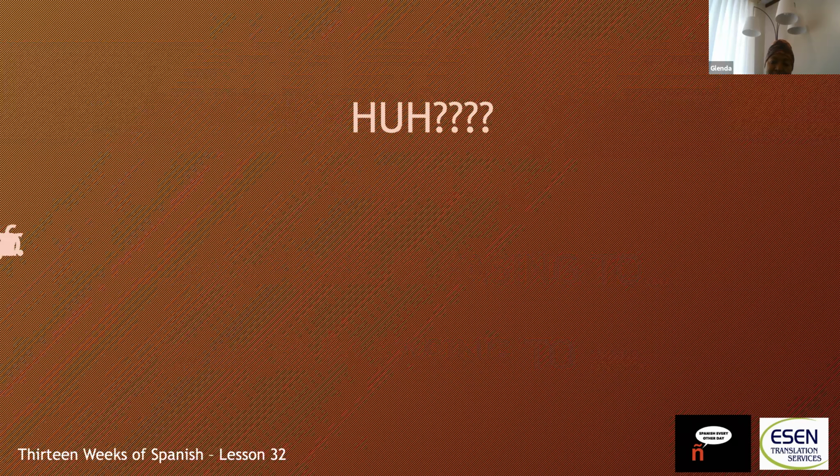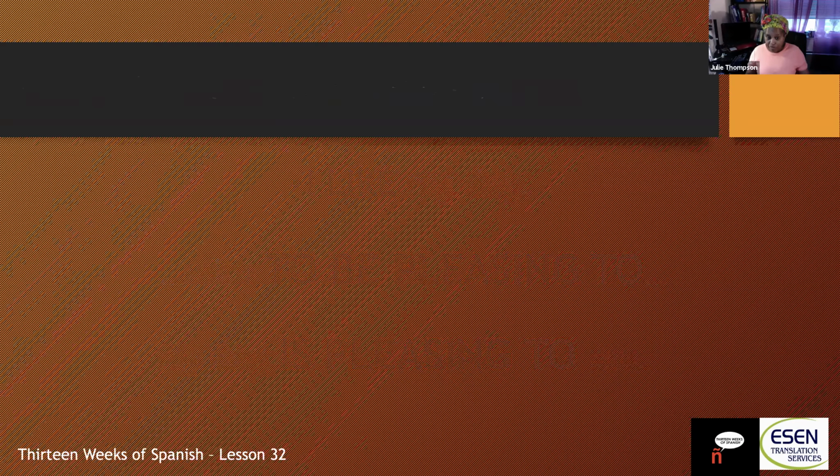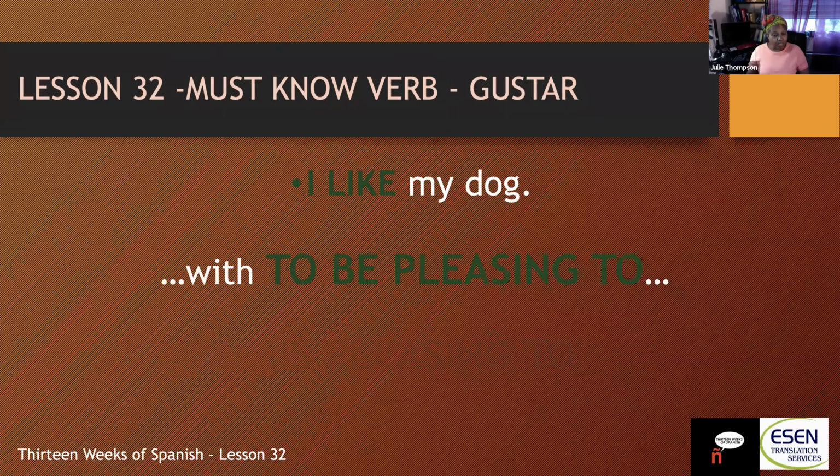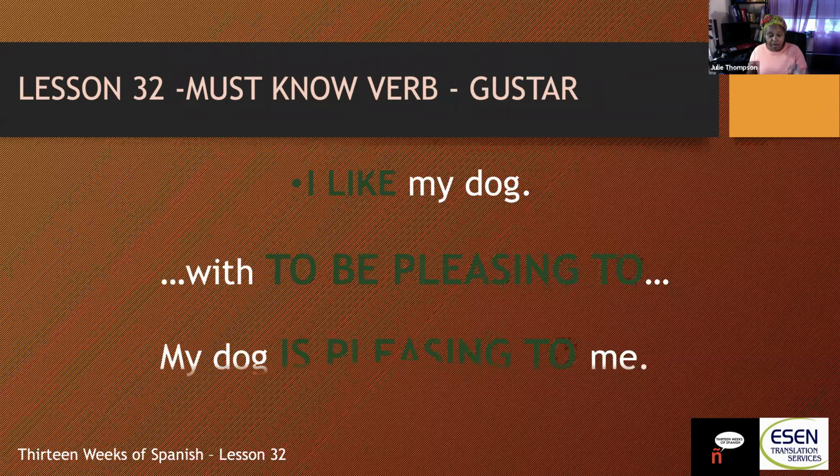Repite por favor. I like my dog, but if I'm going to rephrase this, I need to be able to say it. My dog is pleasing to me. And that puts dog in the subject seat.